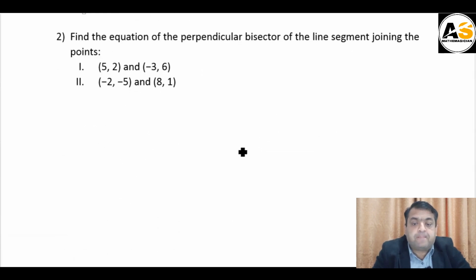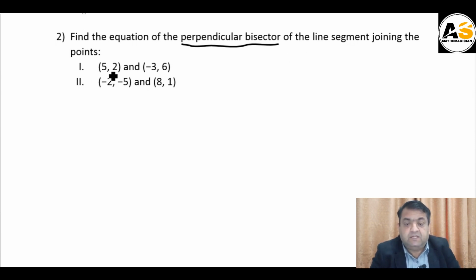Next question, we have to find the equation of the perpendicular bisector of the line segment joining these 2 points. This is the first part. Perpendicular bisector means that the line passes through the midpoint of these two.